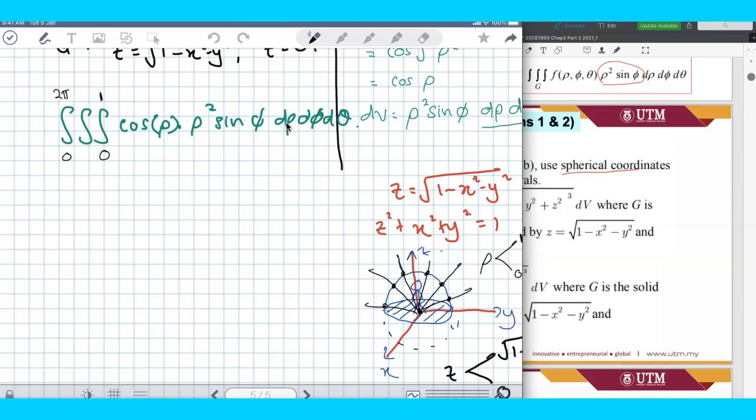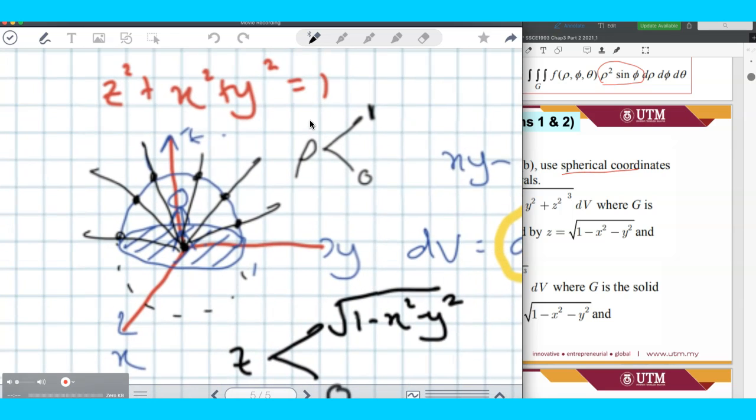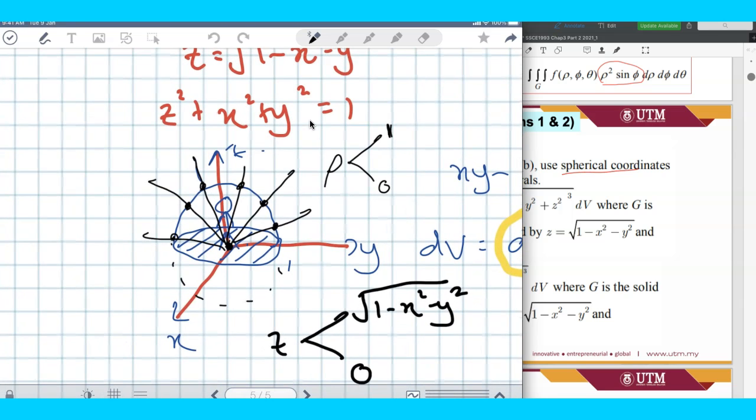What else do we need to find out? Phi. So what is phi? Phi, as I mentioned before, is the angle from the positive z-axis.